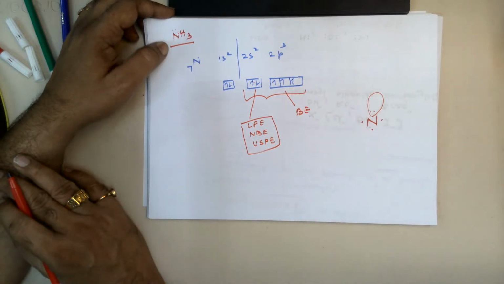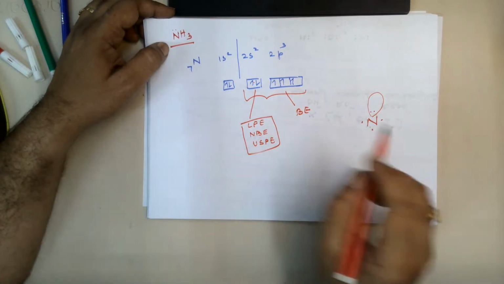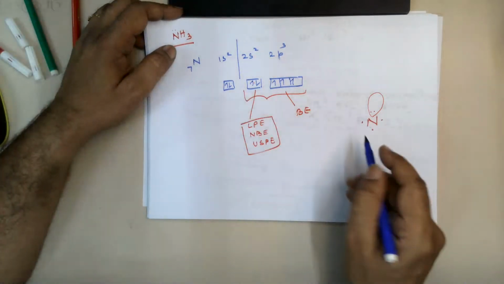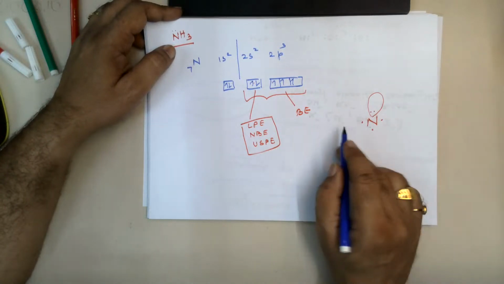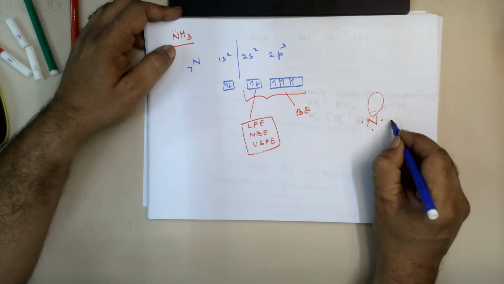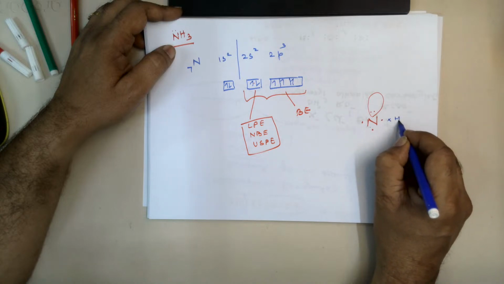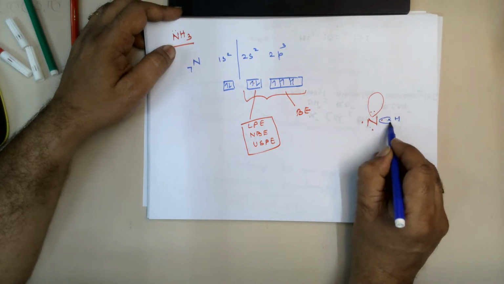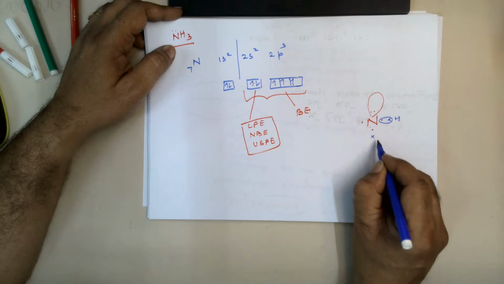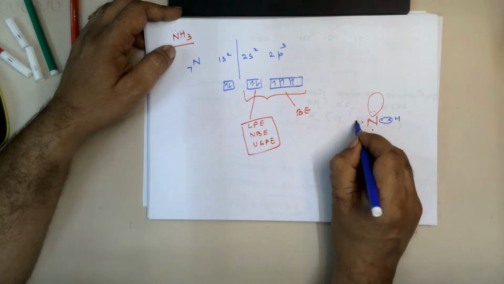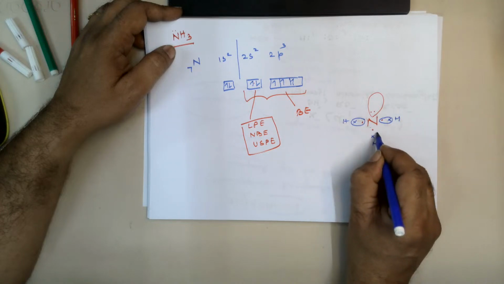So, lone pair of electrons. And the bonding is developed between nitrogen and hydrogen with the three bonds. Hydrogen has got one electron, nitrogen has got one electron, so they develop a bond. This is the sp3 hybridized one.